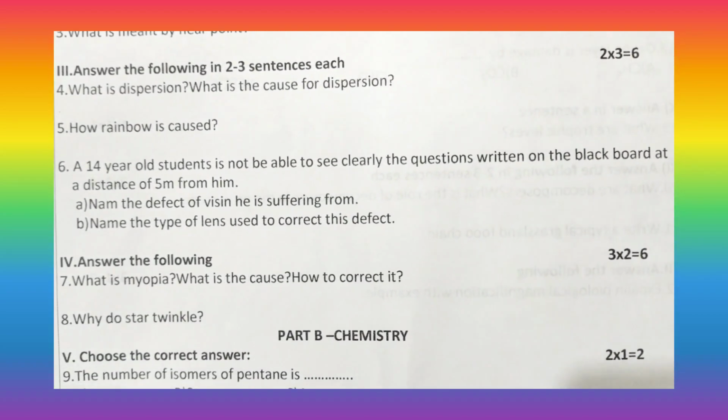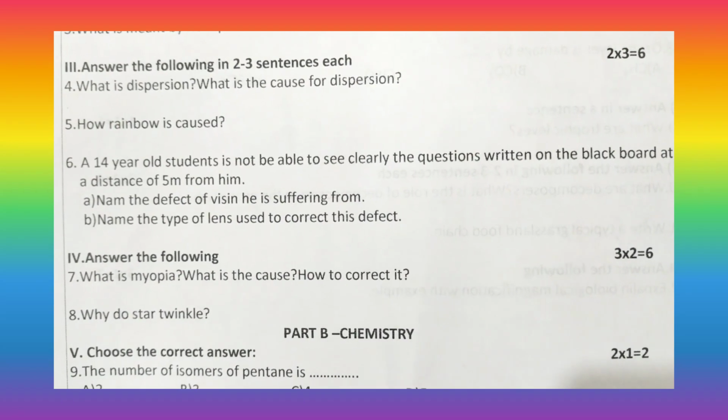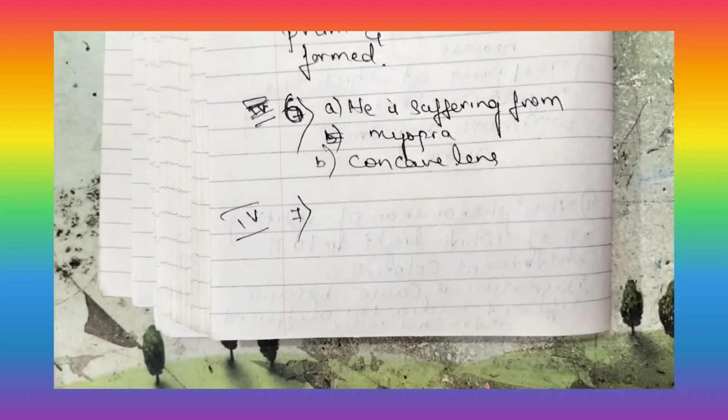So now let us move to the seventh question. That is, what is myopia? What is the cause? How to correct it? So what is myopia?